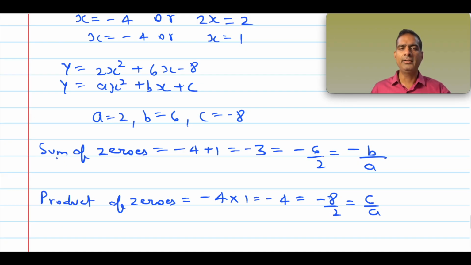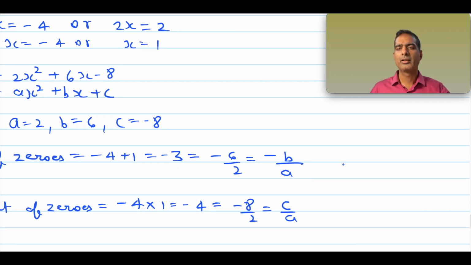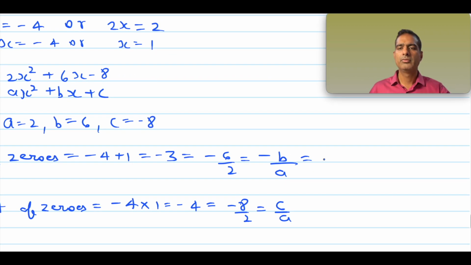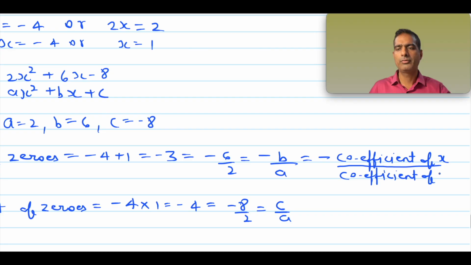So we can see that sum of the zeros of a quadratic polynomial is given by negative times b over a, and we can write negative b is the coefficient of x over a is the coefficient of x square.